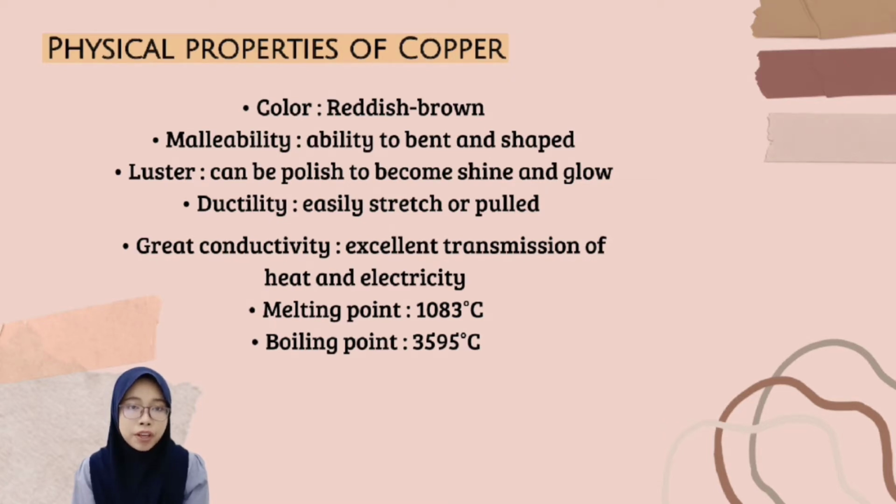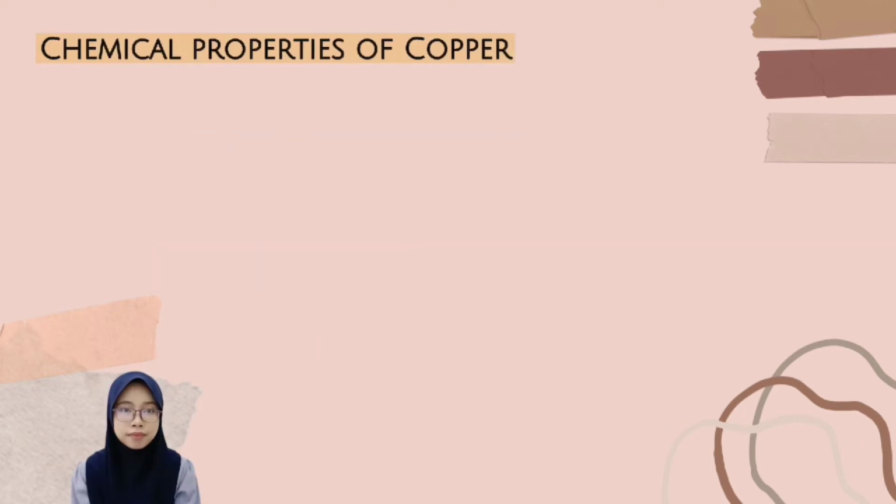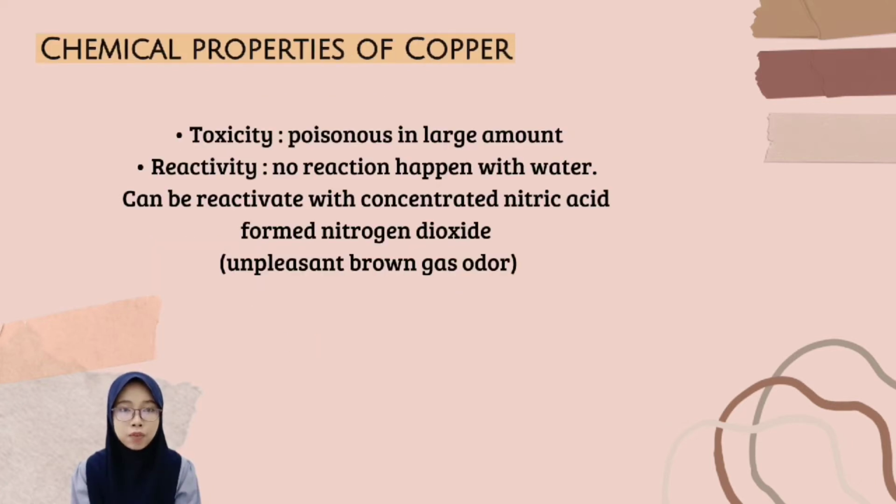The melting point of copper is 1083 degrees Celsius, and it also has a quite high boiling point, which is 1595 degrees Celsius. In chemical properties of copper, in terms of toxicity, using a large amount of copper can be harmful and poisonous.